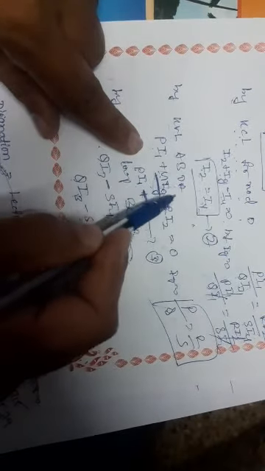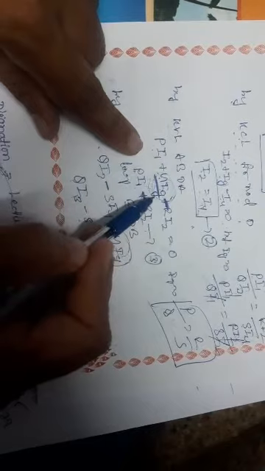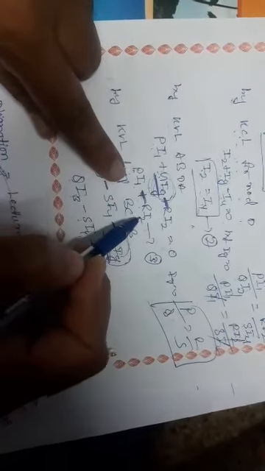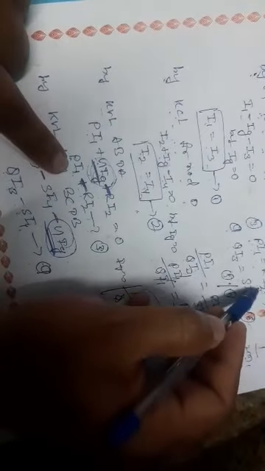In the balanced condition, Ig, the current through the galvanometer, is 0. That means Pi1 minus Ri2, or Pi1 is equal to Ri2. That is one equation.